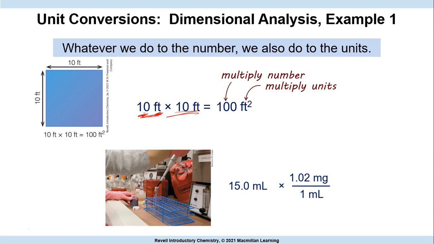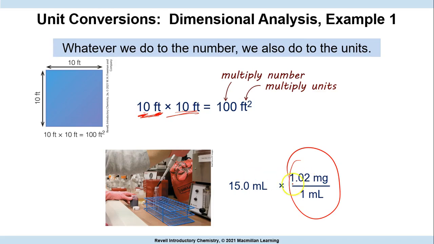The amount of toxin in a milliliter of blood is 1.02 milligrams. How many milligrams of toxin will be in 15.0 milliliters of blood? So this is called the conversion factor. In 1 milliliter of blood, we have 1.02 milligrams of toxin. So how many milligrams of toxin are we going to have in 15.0 milliliters?